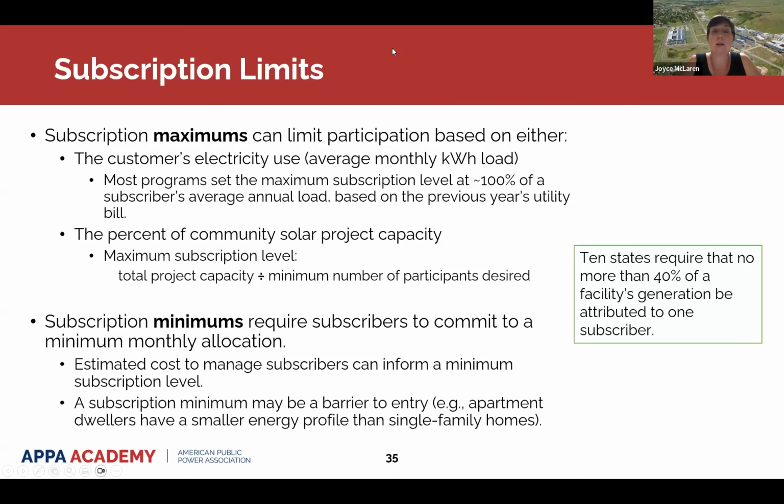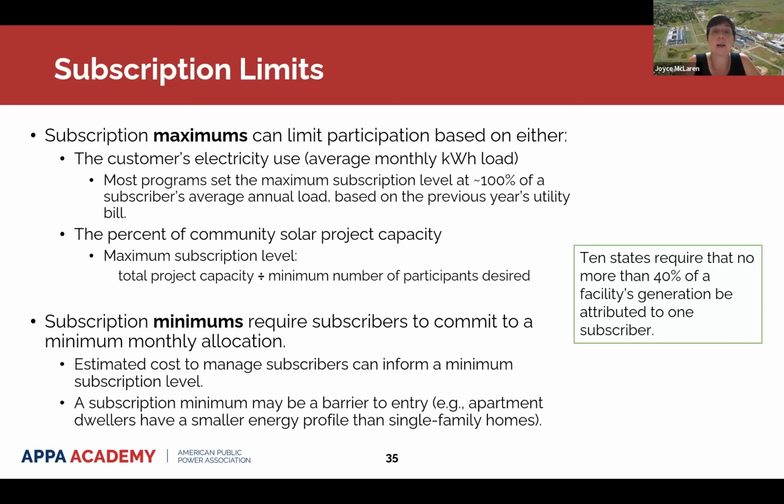A lot of programs will limit the subscription to about 100% or so of the customer's load, based on the previous year's bill. That's pretty standard. There are a number of states that even have policies. I think Oregon is one of them that says you can't sell more than 100% of the person's load to them, so there are some requirements there in some cases.